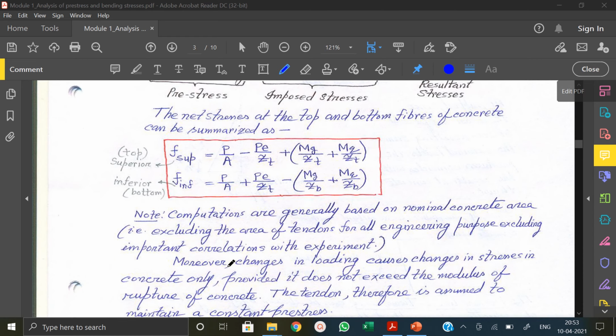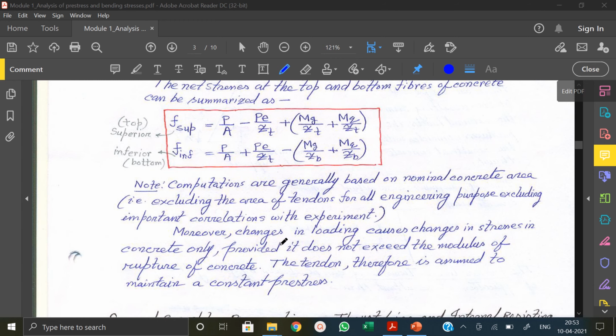Now you can see here the computations are generally based on nominal concrete area, that is we will exclude the area of tendons for all engineering purposes, excluding the important correlation with experiment, because based on the experiment we will see that the tendon area is not considered. Moreover, the changes in loading cause changes in stresses in the concrete only, provided it does not exceed the modulus of rupture of concrete.